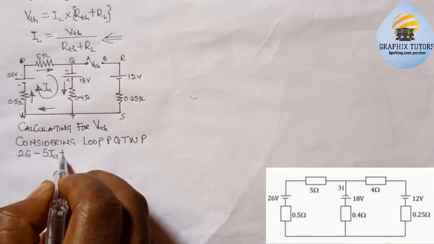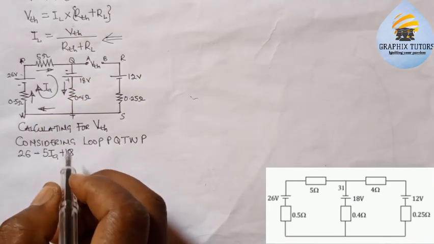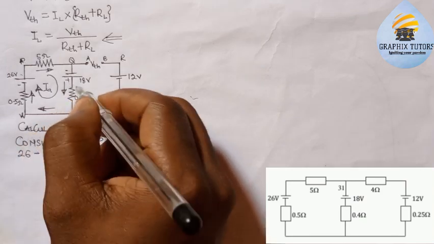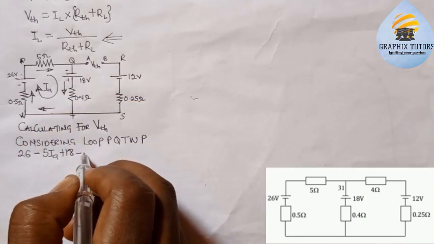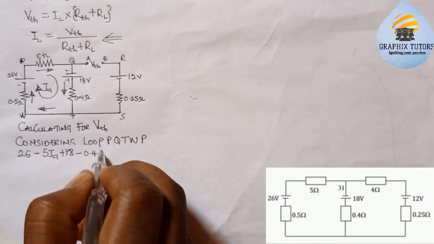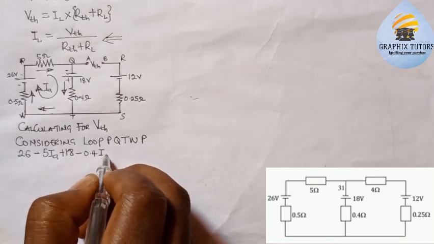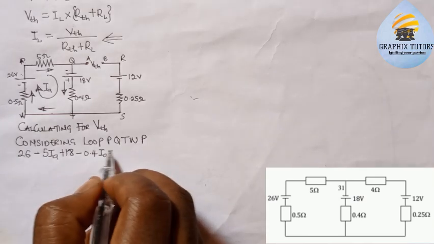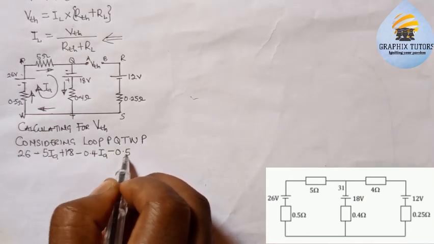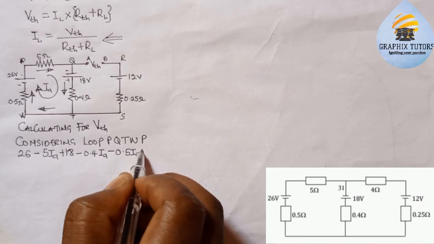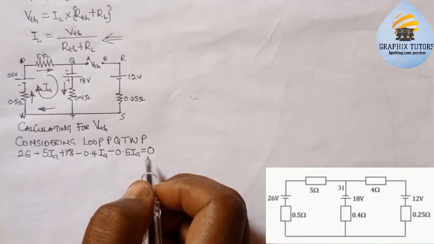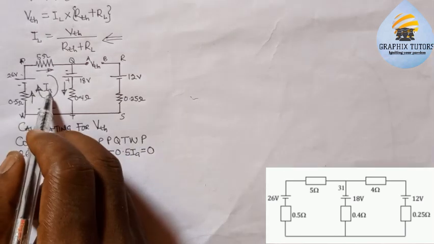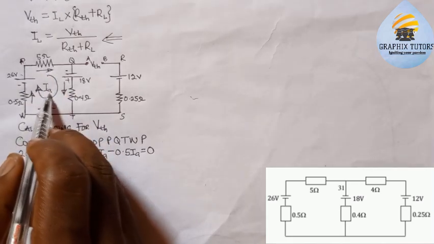So we have plus 18, right? Now we're coming down here to minus 0.4 IA, right? Then we're coming here also, minus 0.5 IA equals 0.